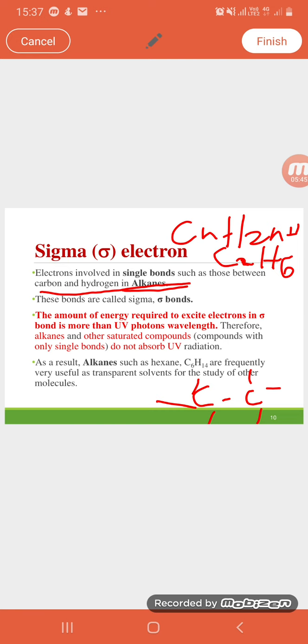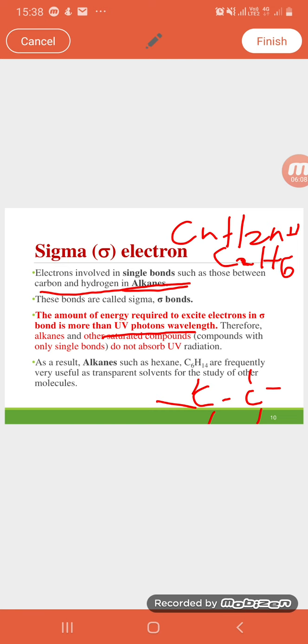So the amount of energy required to excite an electron in a sigma bond is more than the UV photon wavelength. This means that the molecule which has sigma electron does not absorb UV photon.